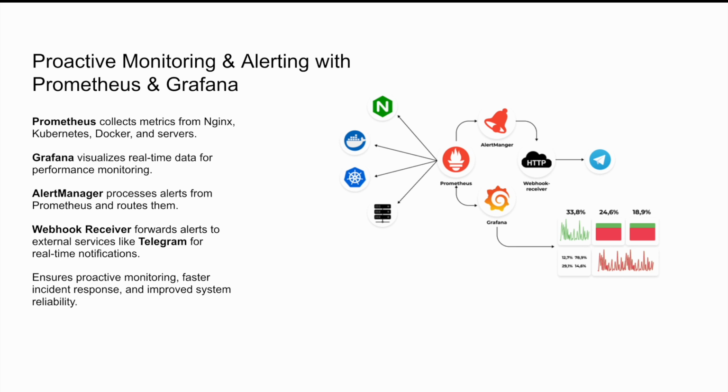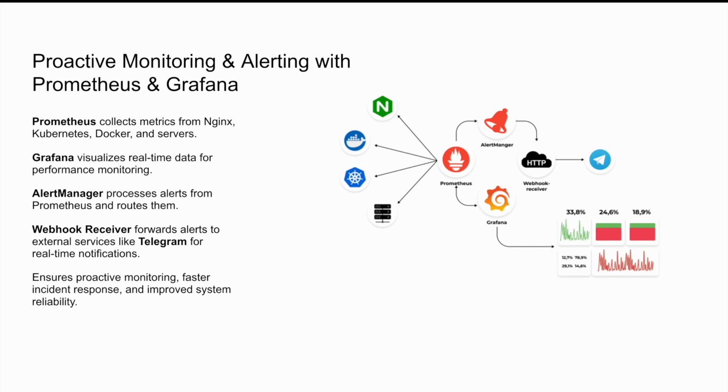So here's a small example of proactive monitoring using Prometheus and Grafana. In this case, Prometheus collects the metrics from Nginx, Kubernetes, Docker, and other servers, and then Grafana visualizes the real-time data for performance monitoring, so you can easily interpret the data by looking at graphs.